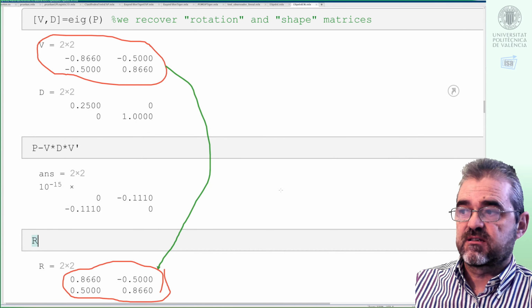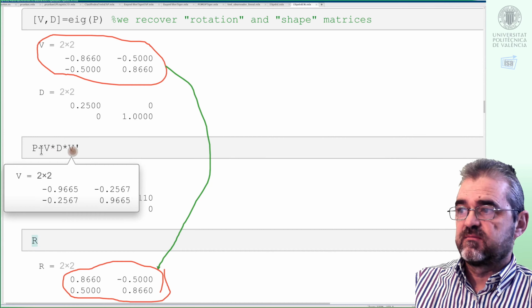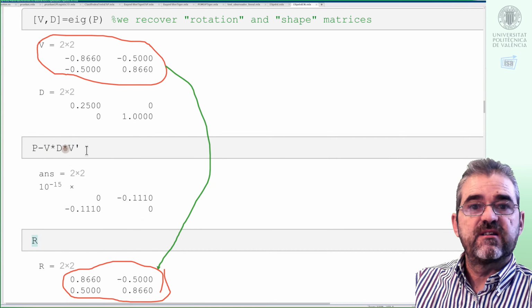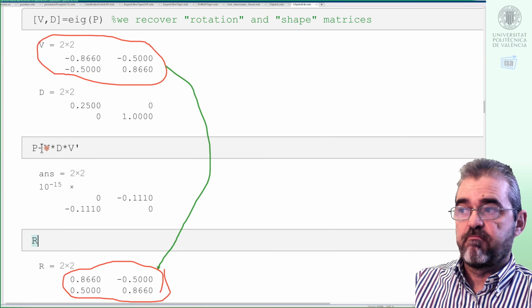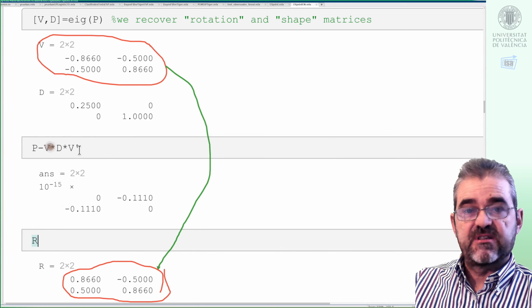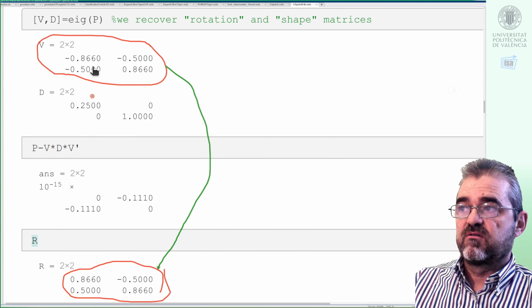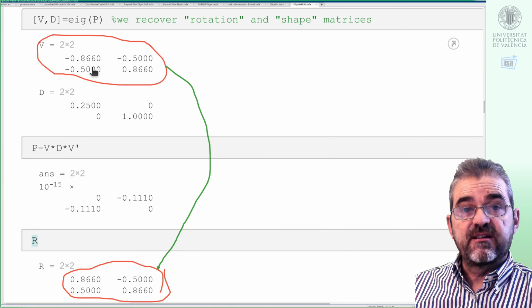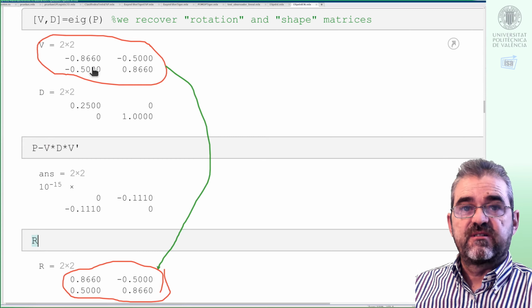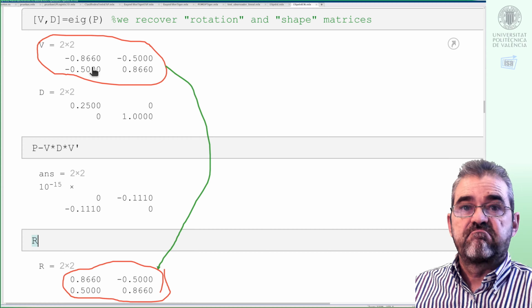But that sign is not important because, as V is multiplied twice, it's easy to check that if I change V to minus V, I get exactly the same P. And so it happens if I change the sign of any column of V. As ellipses are symmetric, the ellipsoidal shape still holds if I carry out any reflection, and those reflections geometrically amount to changing the sign of the axis direction, but it's just the same.